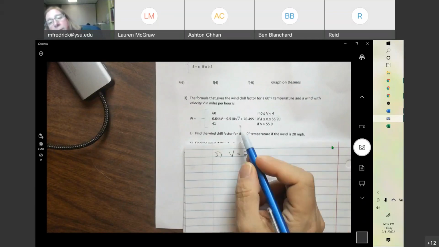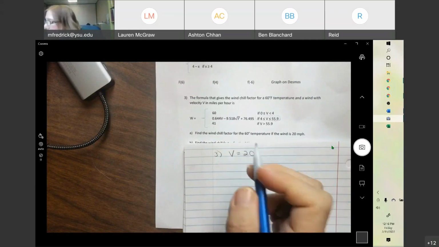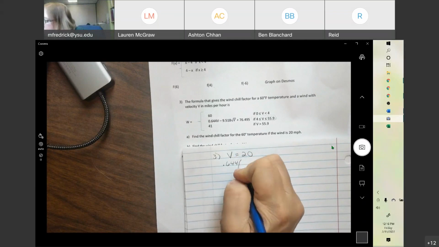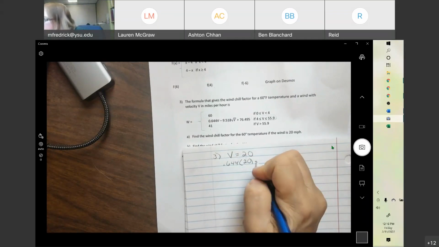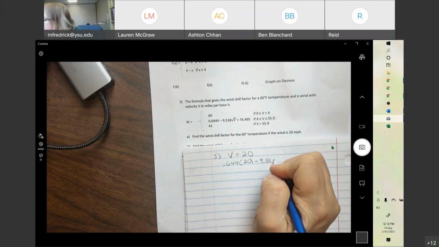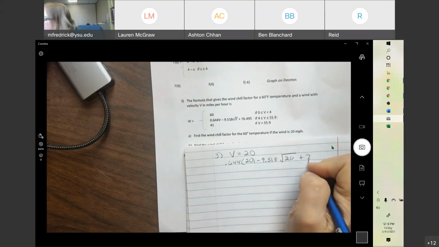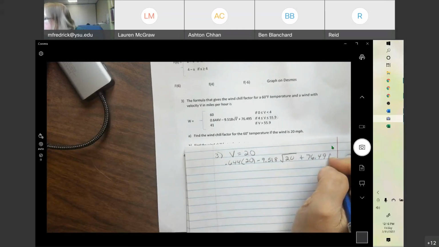Then you take 20 and plug it in for V. So we have 0.644 times 20 minus 9.518 square root of 20 plus 76.495.